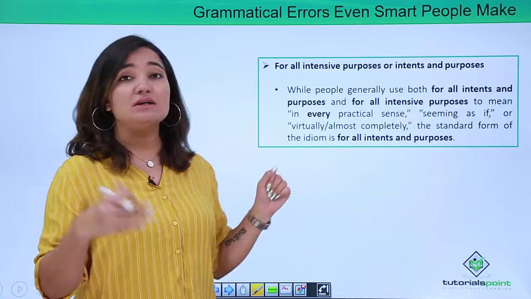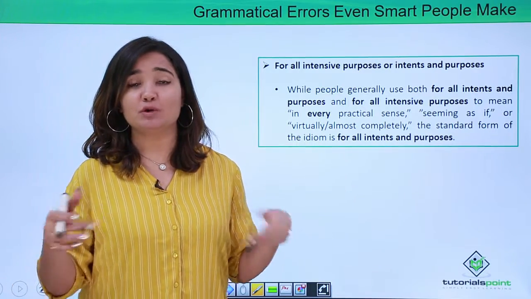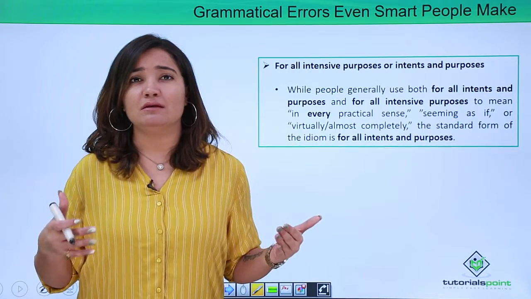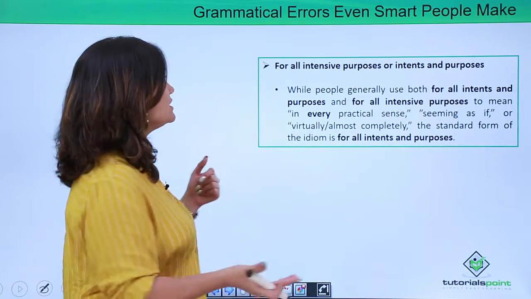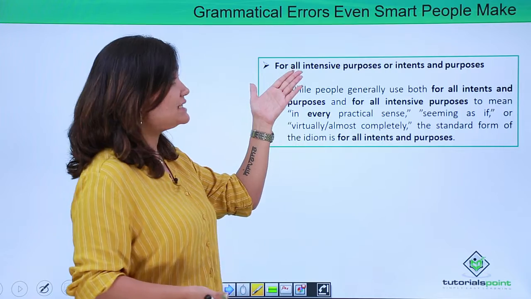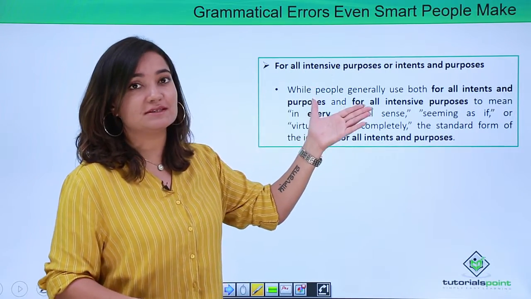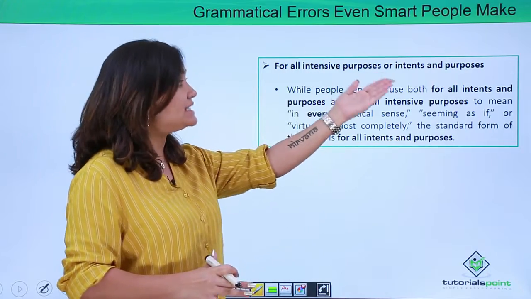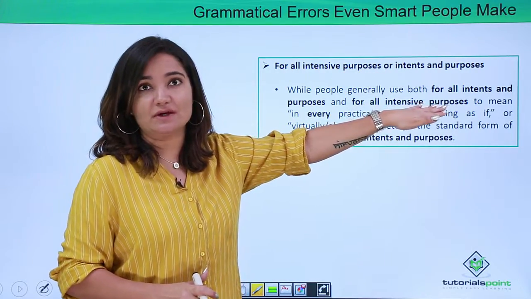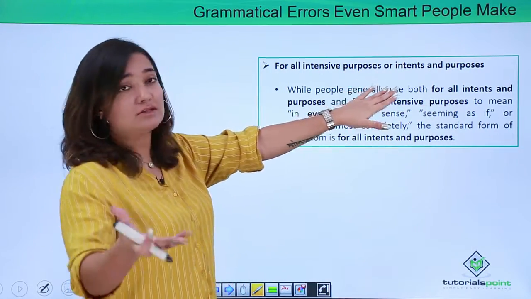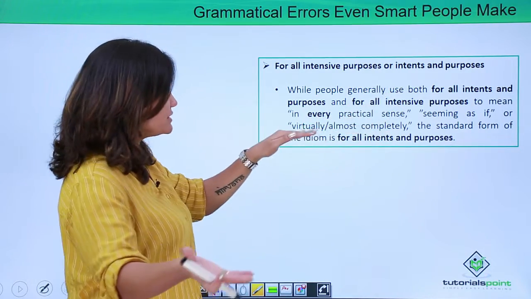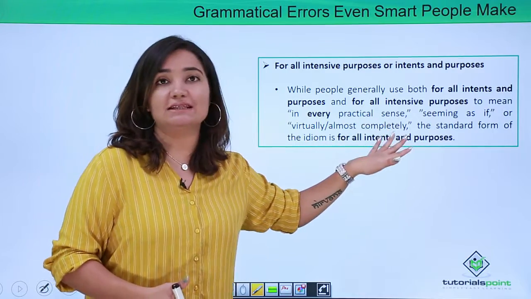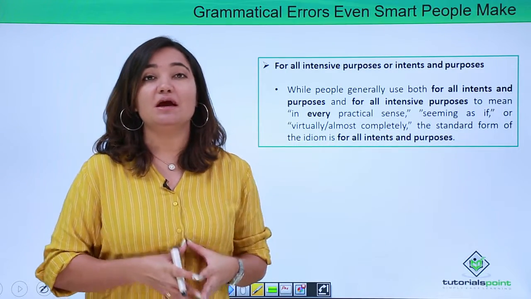Okay, so another expression which is commonly used in not the most correct way is "for all intensive purposes," whereas the correct version of it is "for all intents and purposes." Actually "for all intents and purposes" means in every practical sense. That is the correct meaning.